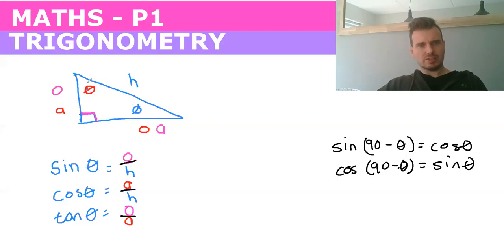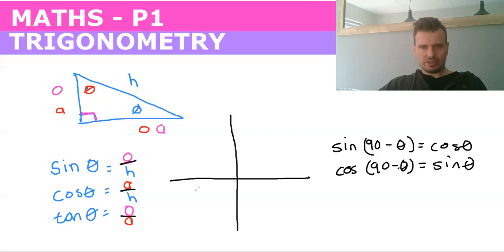So we could take this right angle triangle formula a little bit further, and we could put it onto a Cartesian plane.